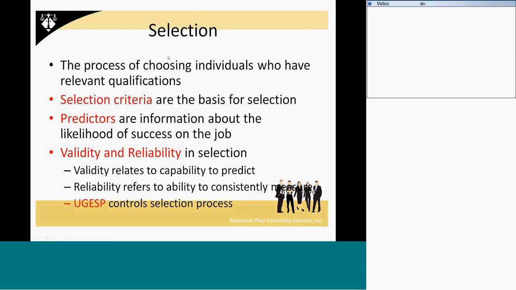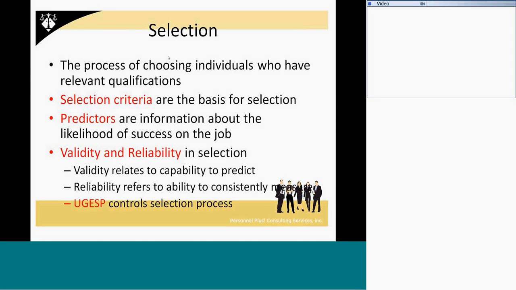Selection, as compared to recruitment, is the process of choosing individuals who have the qualifications you're looking for. The term selection criteria describes the particular things that you're looking for, and often under the concept of selection criteria, we have a variety of predictors that are used.